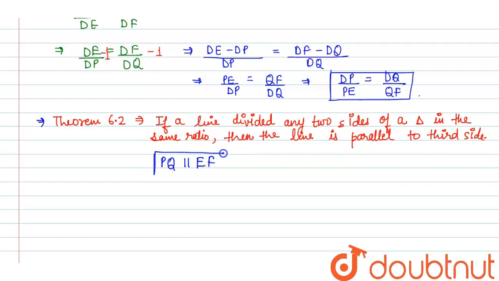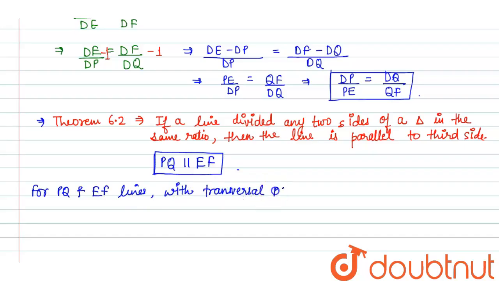By this we can say that PQ and EF are two lines, and PE is a transversal, so there are two corresponding angles which are equal, means angle P equals angle E, corresponding angles.